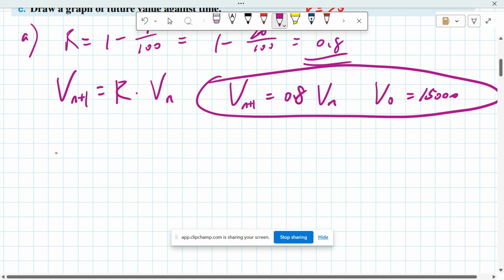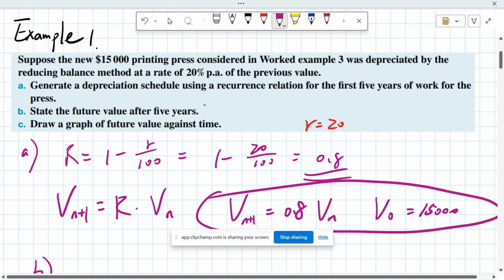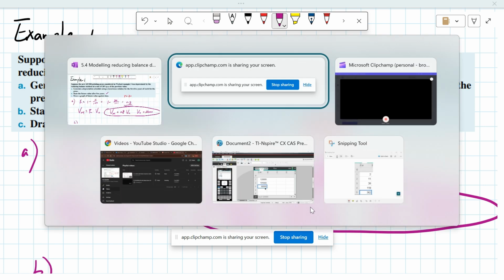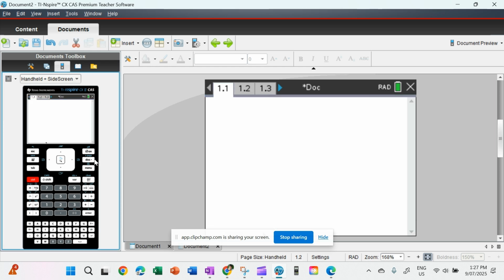Okay, for question B, we're going to figure out the values over 5 years. So we use our CAS calculator, which we can use to analyze each individual part.